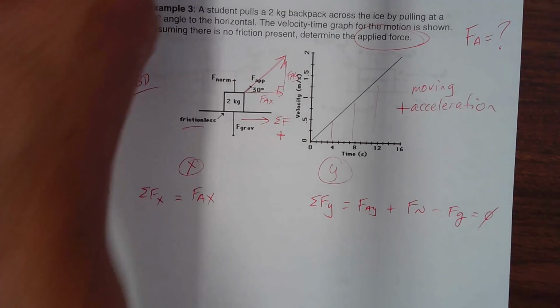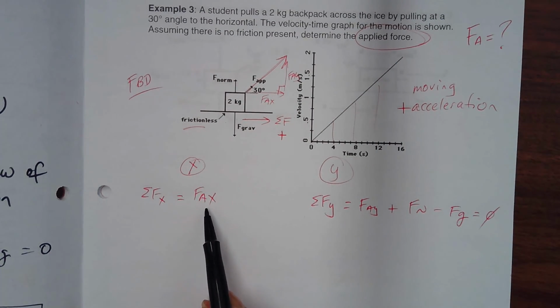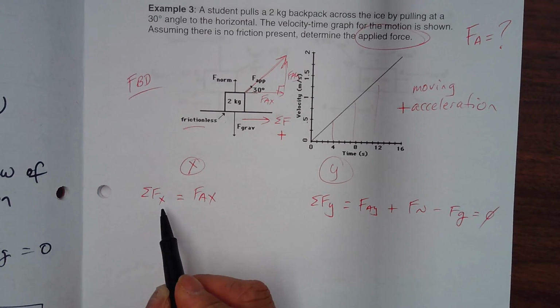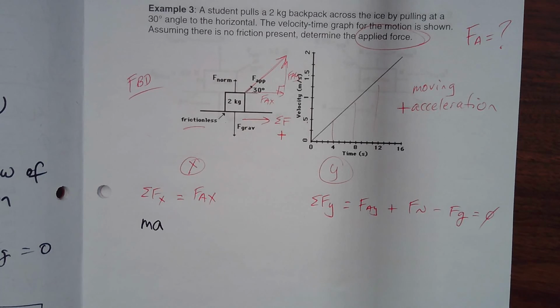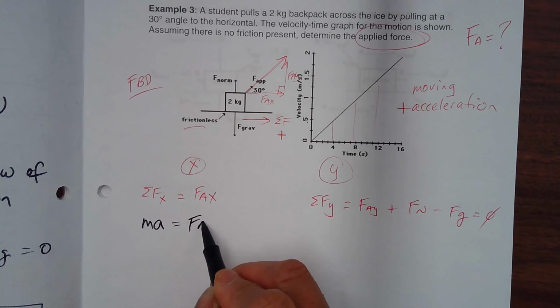So where's Fa? Fa is right here, right? Fa is also there. So we're looking for the Fa, not just x and y. So your net force is Ma. Net is always Ma. So Ma is equal to Fa cosine of theta.